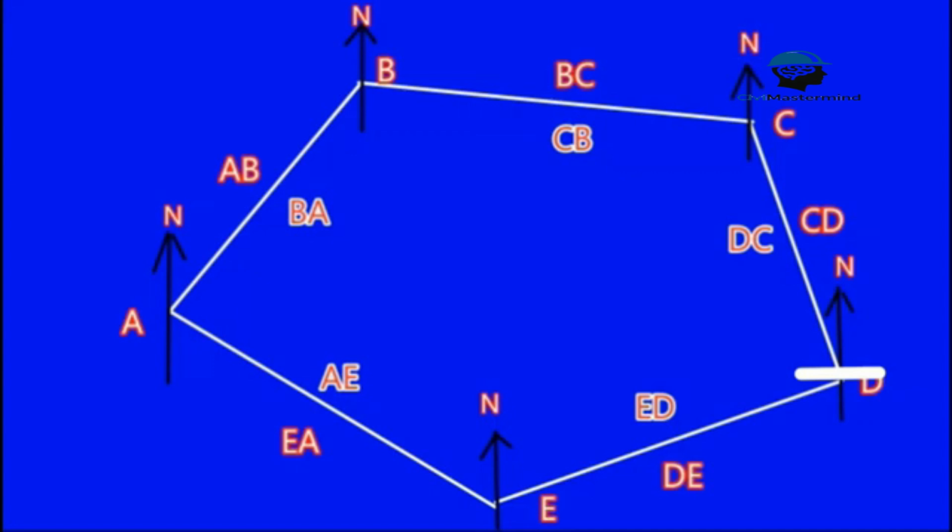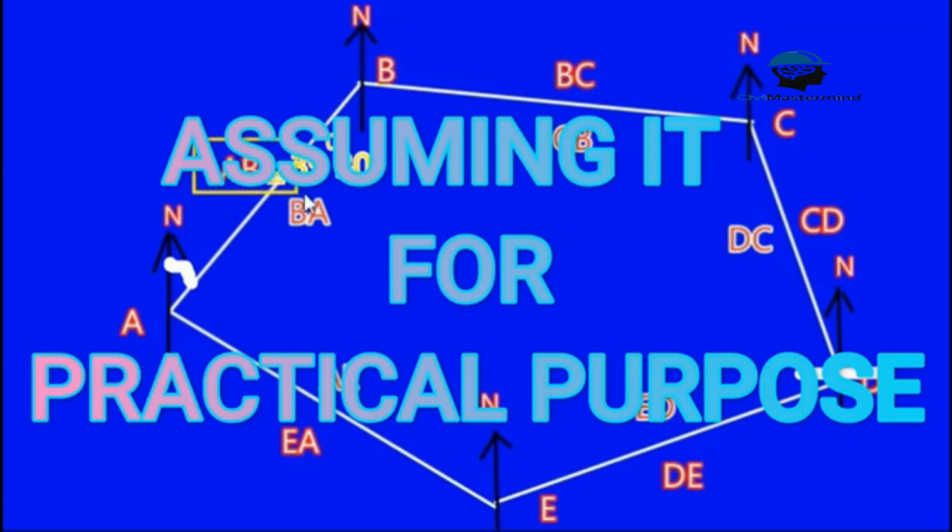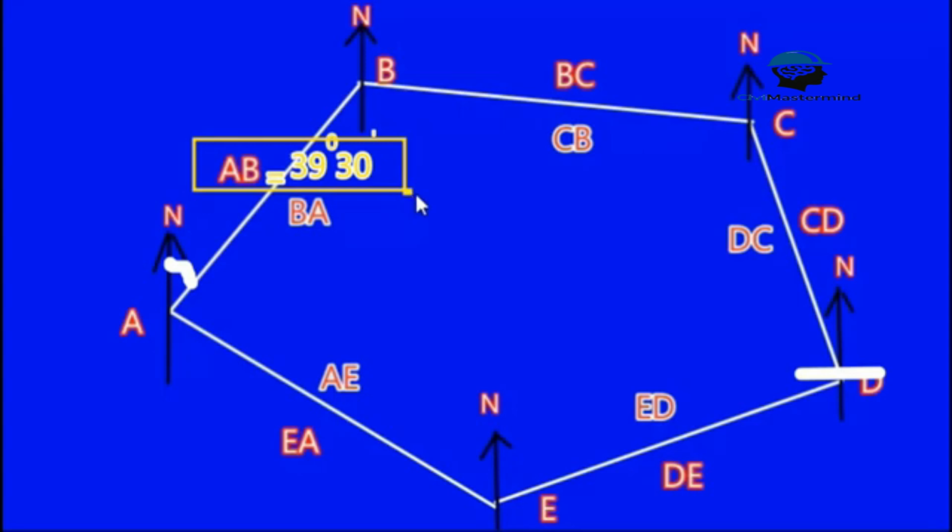Here we have the forebearing of AB, and the AB forebearing will be this one over here as shown in the figure, and it's been shown here as AB equal to 39 degrees and 30 minutes. And now next we'll take the back bearing of AB, and the back bearing of AB will start from this point and it will come back in this direction over here.